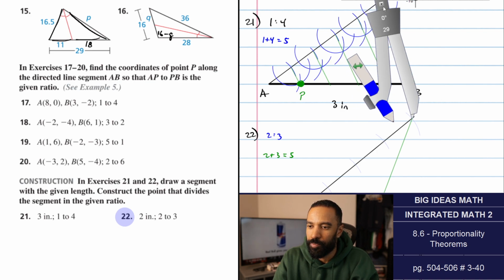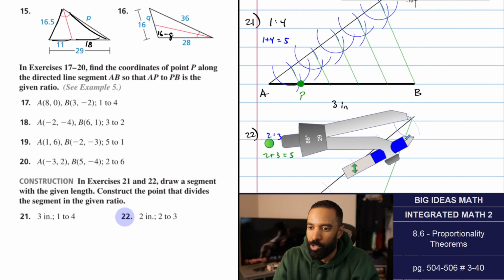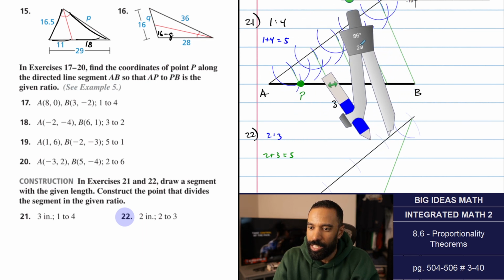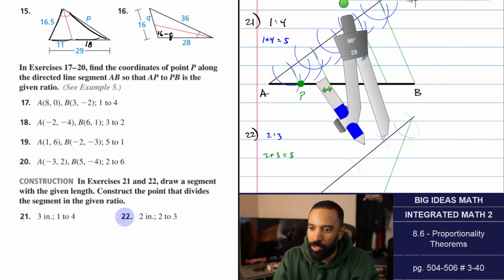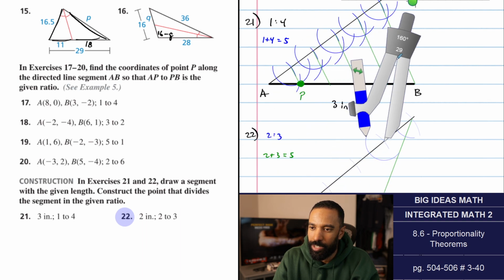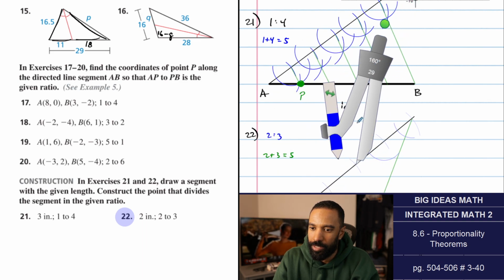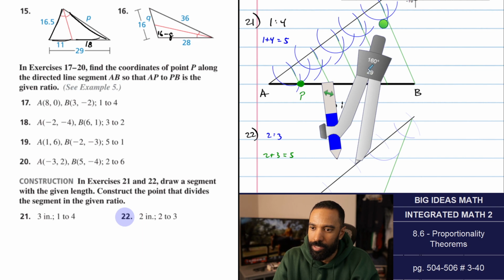I'll do this a little bit darker here. So copy this arc here over and over. Over and over. Over and over.